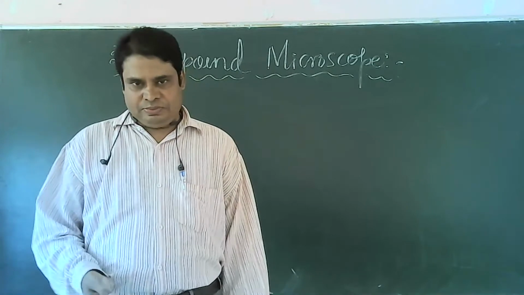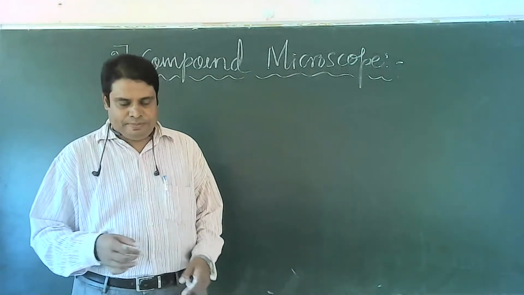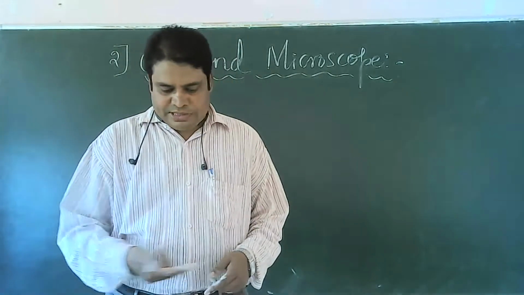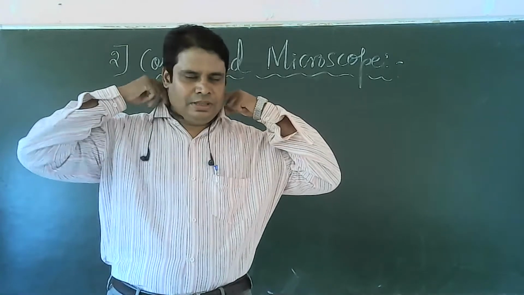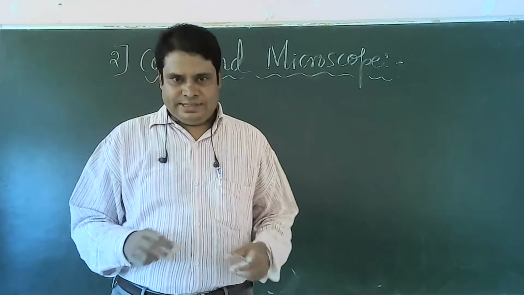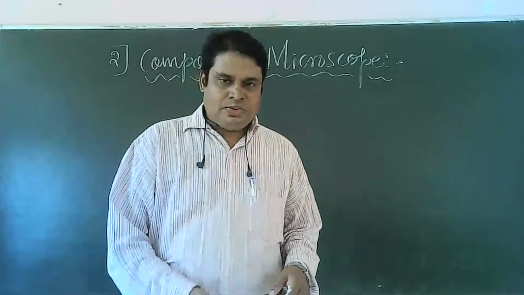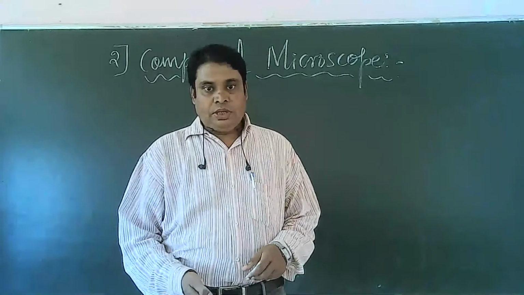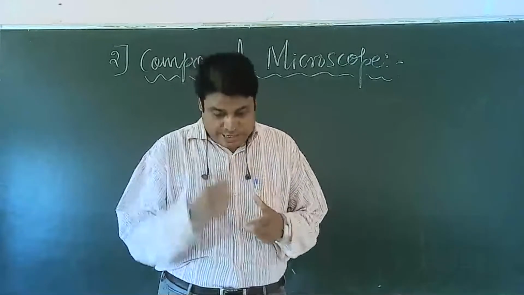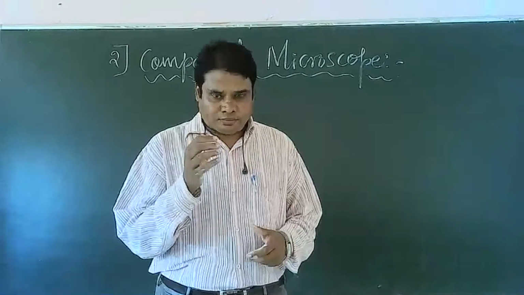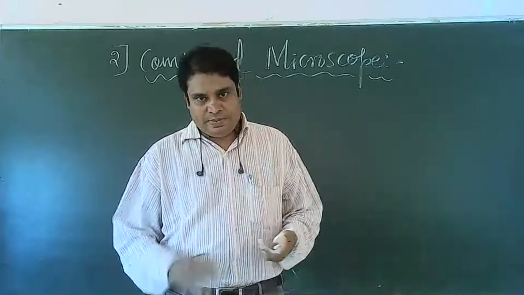Okay, what is a compound microscope? In a compound microscope, we use some slides, put some specimen, or there is already some specimen, and we have two lenses. One towards the object, the other where we see the object.